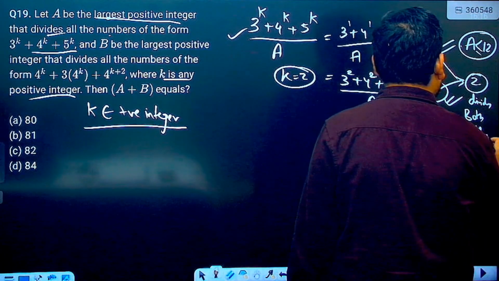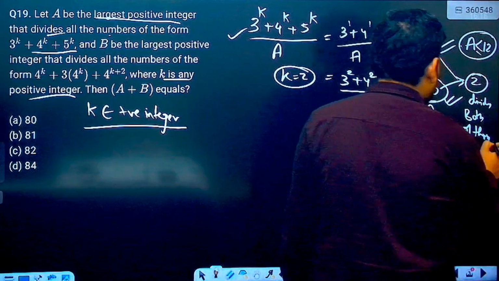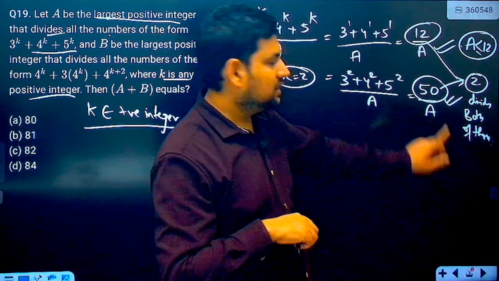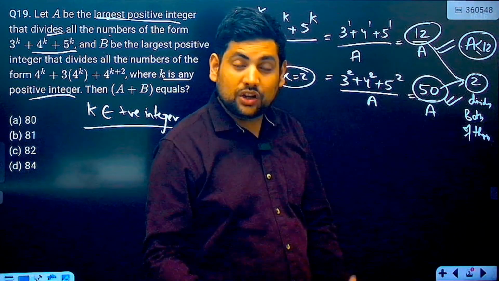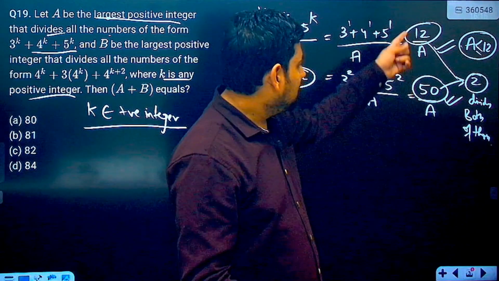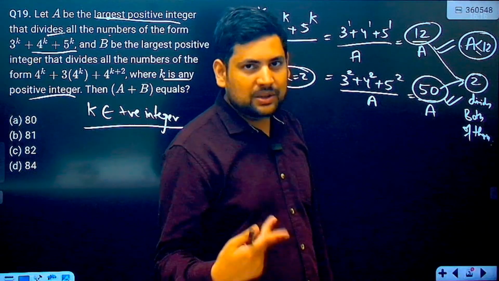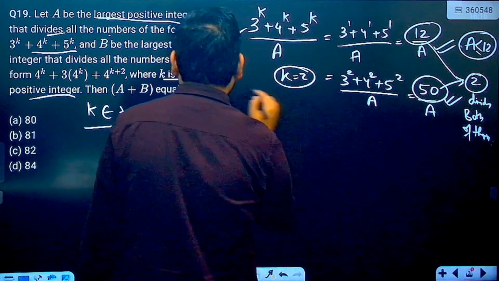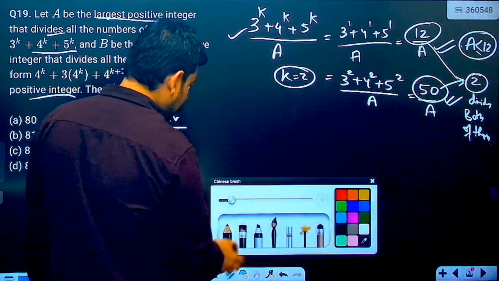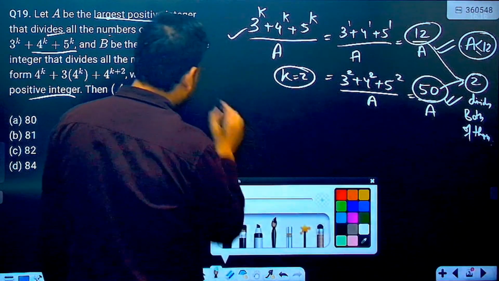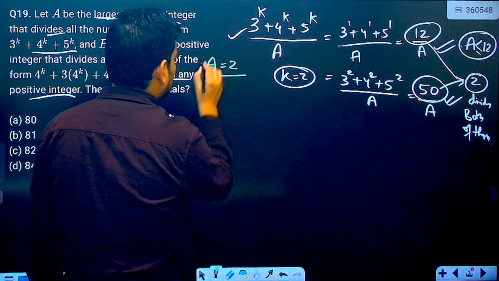Is there any bigger number? No. That means 2 itself is the value of a. If you want, you can call this the HCF of 12 and 50. What is the HCF of 12 and 50? 2. 2 is the biggest number that divides both of them. So, very clearly, you got that the value of a here is equal to 2.